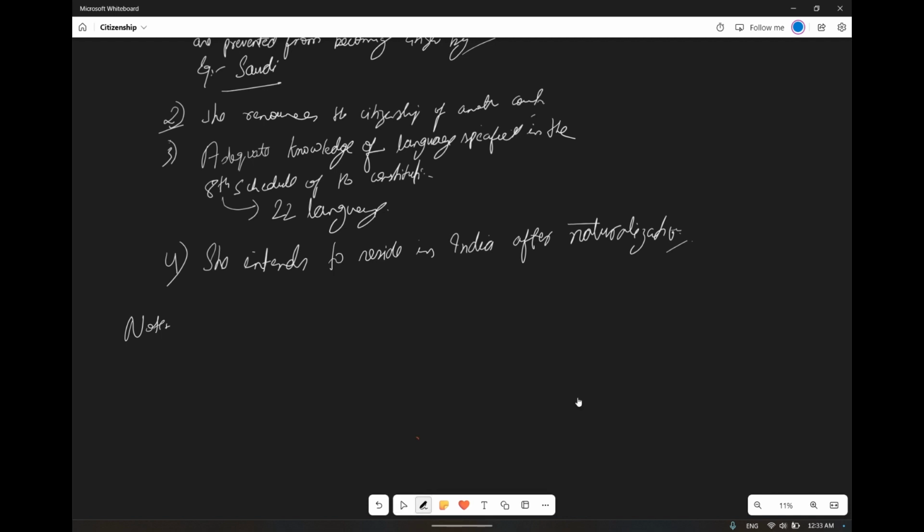And the important point to be noted here is that the person must have stayed for 14 years. If you have traveled outside the country a lot, then even after minimizing all the travel outside the country, you must have at least 12 years within the country.